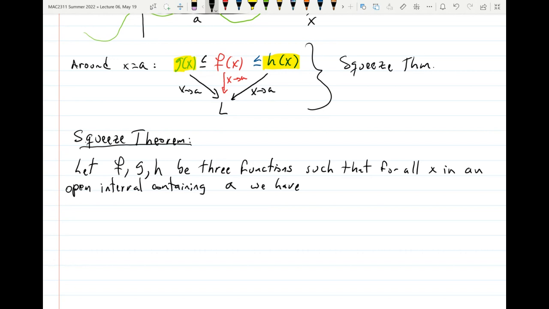That's just a fancy way of saying that around a, we have the following inequality.